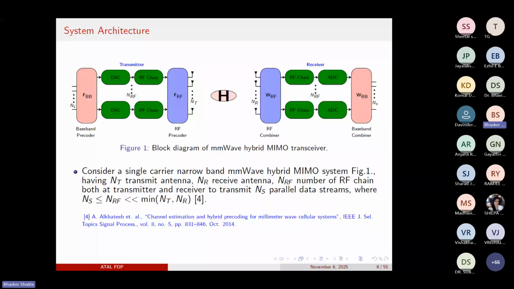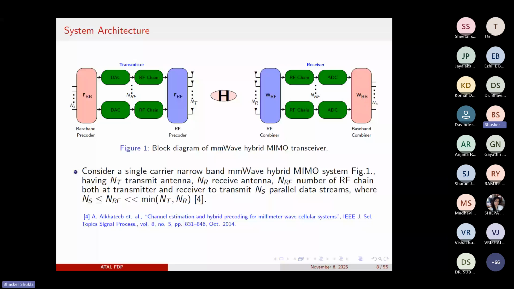RF chain means a combination of power amplifier, filters, digital to analog converter, ADC, and different circuit components that connect the antenna system.